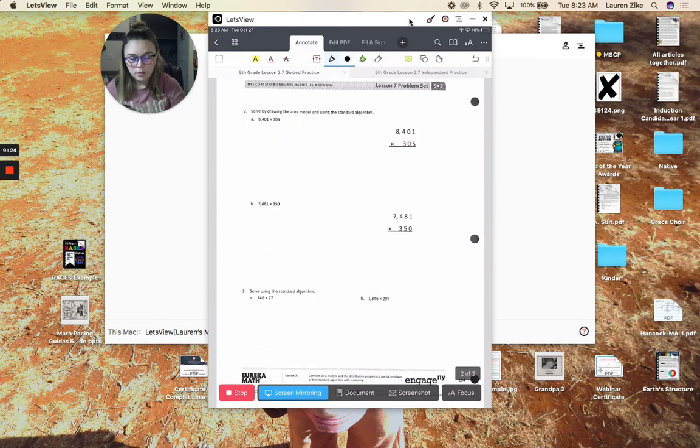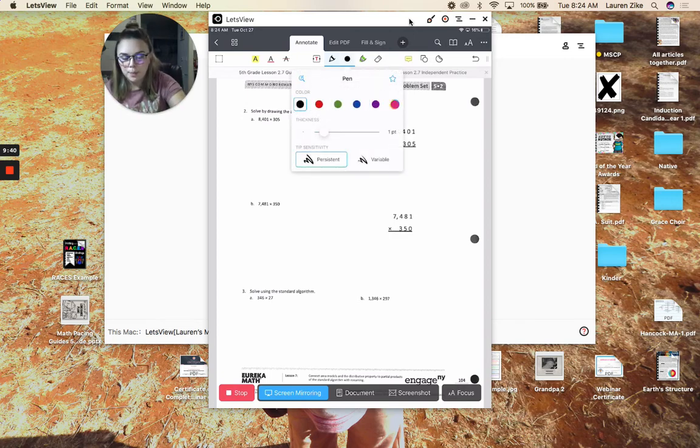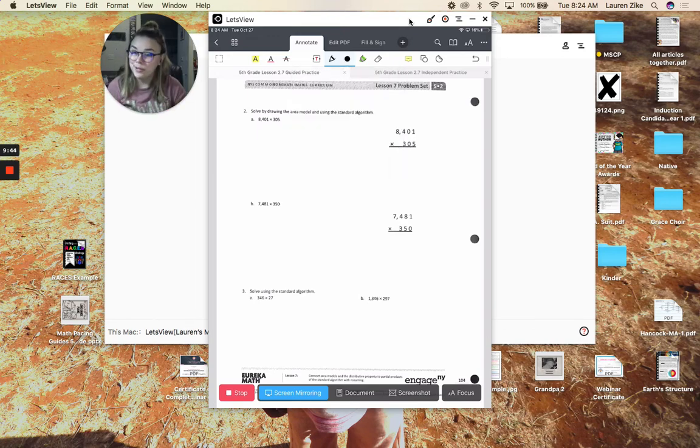And let's take a look at number 2. So number 2, we're doing the same thing. We're doing area model and standard algorithm, but we have even bigger numbers. So we have a 4-digit number times a 3-digit number. So like we've been doing, we're going to start with the area model.